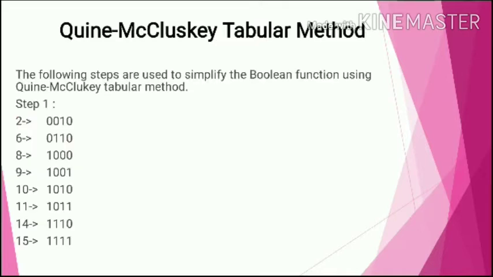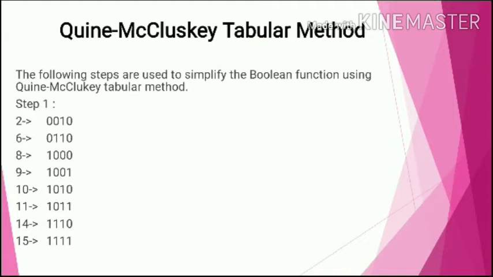The following steps are used to simplify the Boolean function using the Quine-McCluskey tabular method. The first step is to arrange the numbers in ascending order and find the binary value of each number.